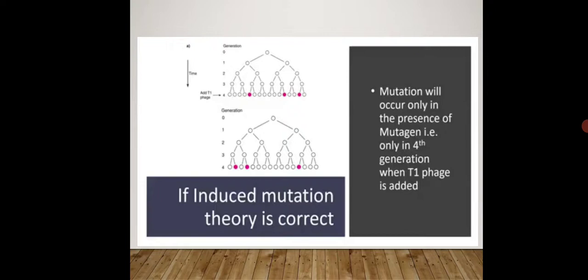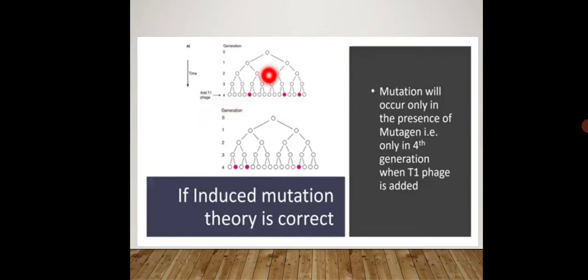So in the 4th generation, 16 cells have been developed, and scientists added T1 bacteriophage. There are different types of bacteriophage like lambda phage, T1 phage.